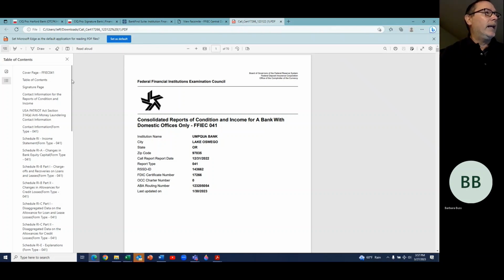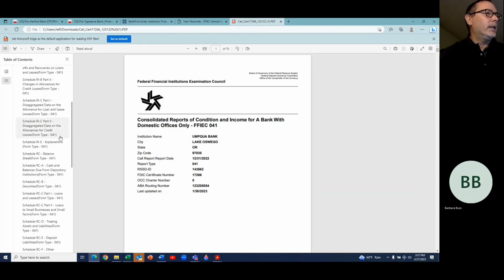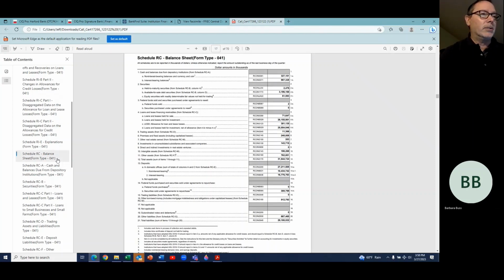There are various schedules for every bank's call report. The first thing we're going to look at is schedule RC right here. RC is the balance sheet. This is how we're going to get the total deposits. If you look at the schedule RC for Umpqua Bank, you could see that on row 13, the deposits are represented as non-interest bearing and interest bearing.